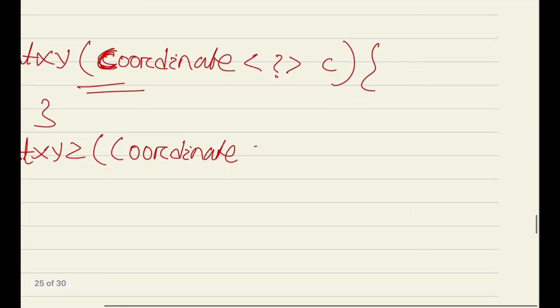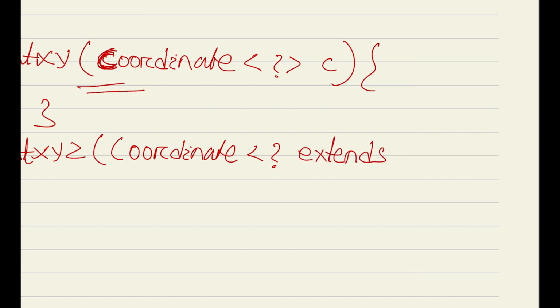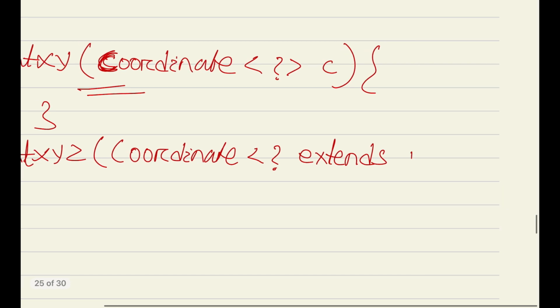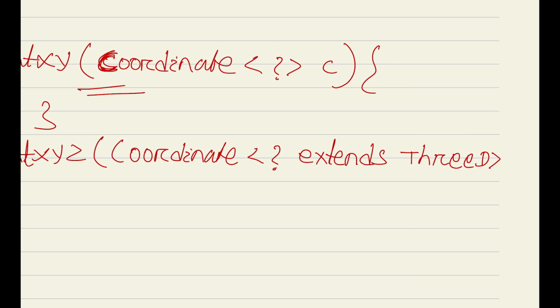For that we can write the wildcard, represented by the question mark, then extends 3D, and assume the name of the parameter is C. So Coordinate, then question mark extends 3D. This concept is called a bounded wildcard.